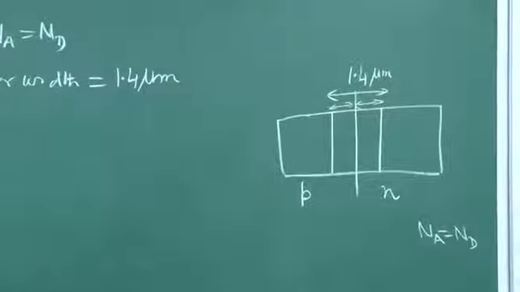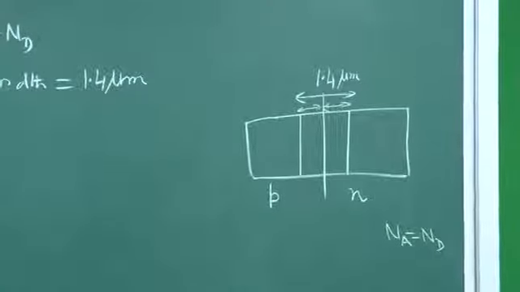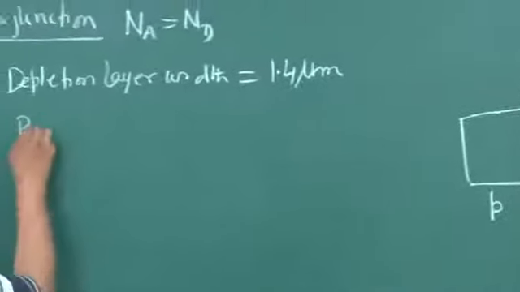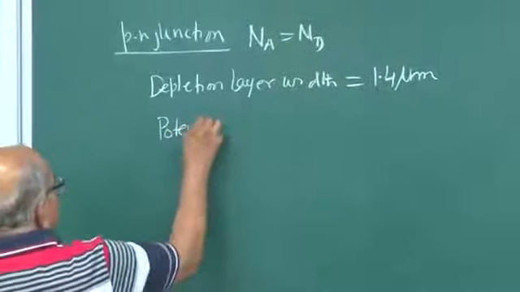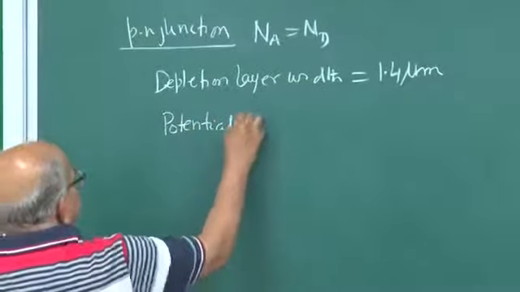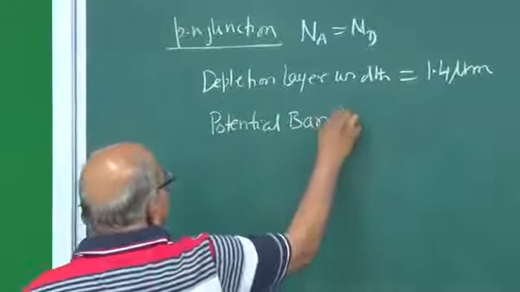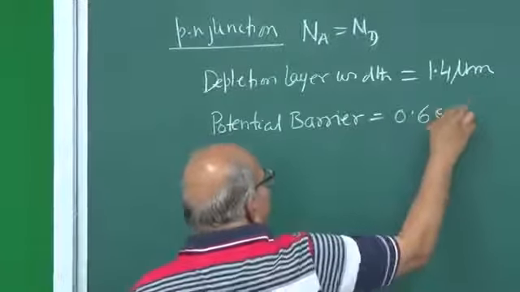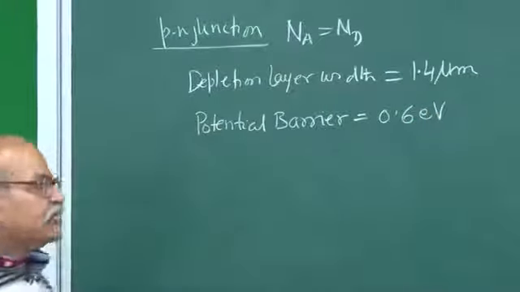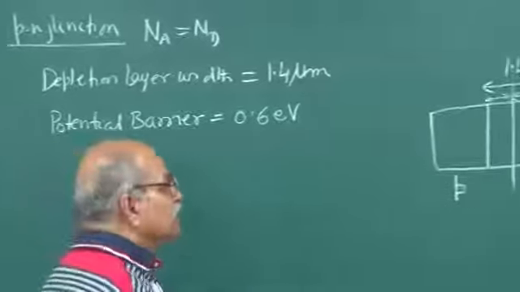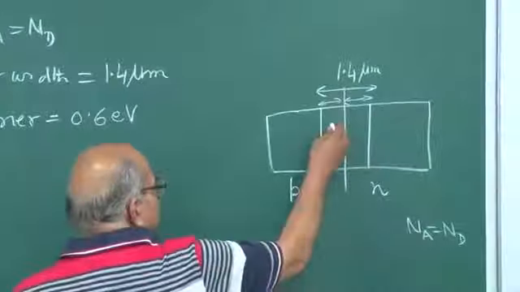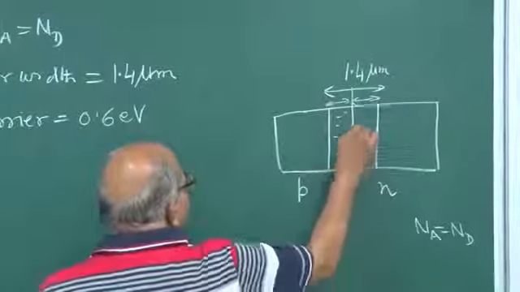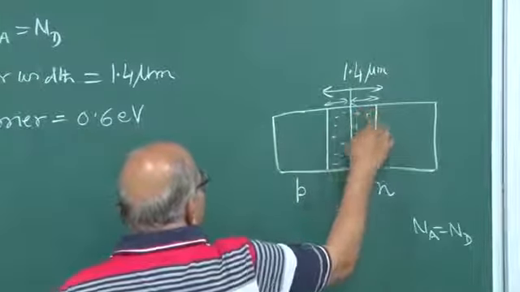The potential difference between the n side and the p side, which is the potential barrier, is 0.6 volts. When the junction is formed, these electrons will diffuse to this side, create negative charges here, and this will create positive charges here.